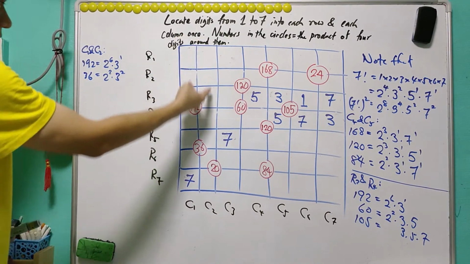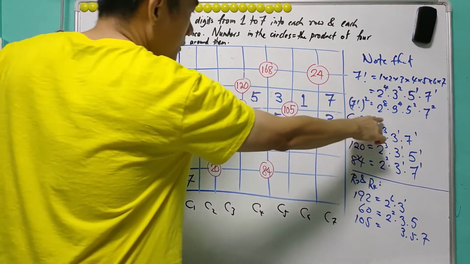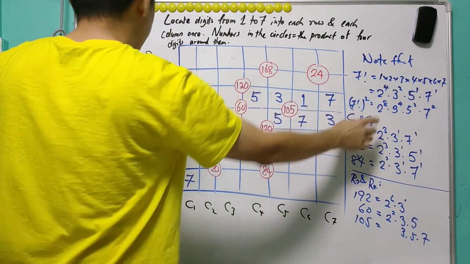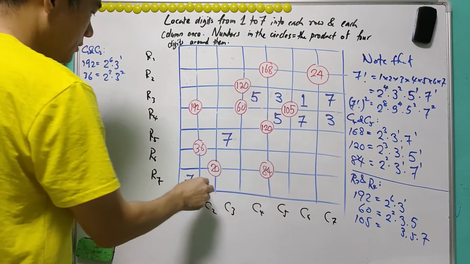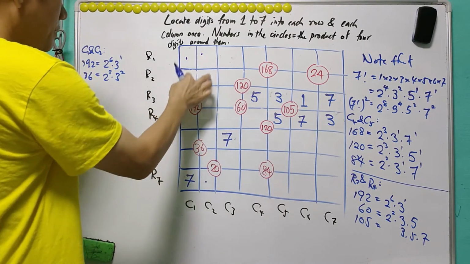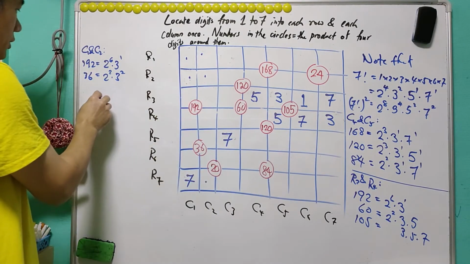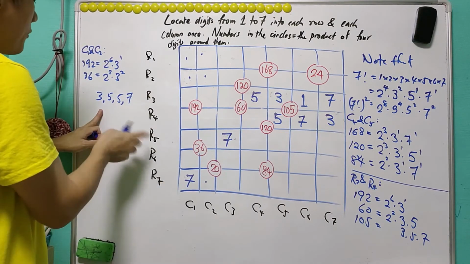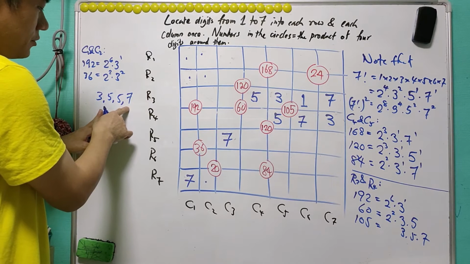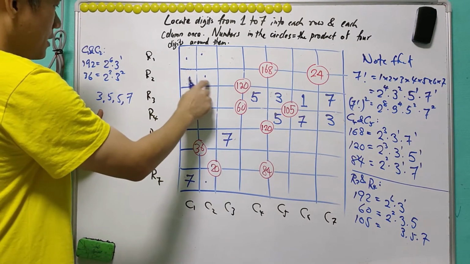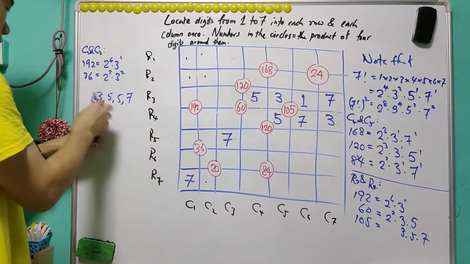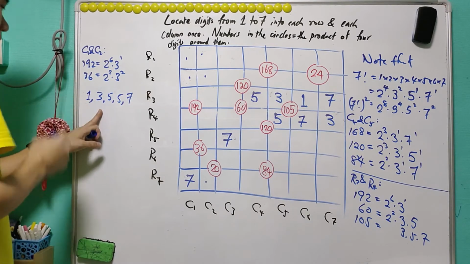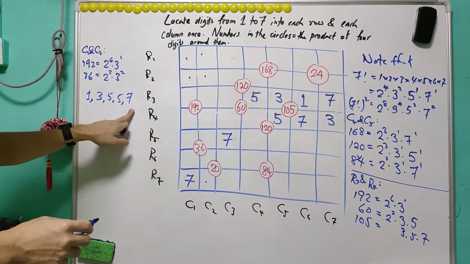So in C1 and C2, we use up all the even numbers. So for these 5 numbers, we are left with 3, 5, 5, 7 to be placed into these 5 cells, and therefore we need to have an extra 1: 1, 3, 5, 5, 7.